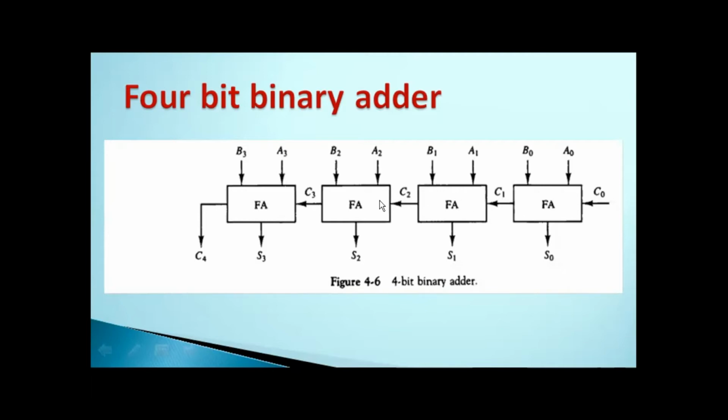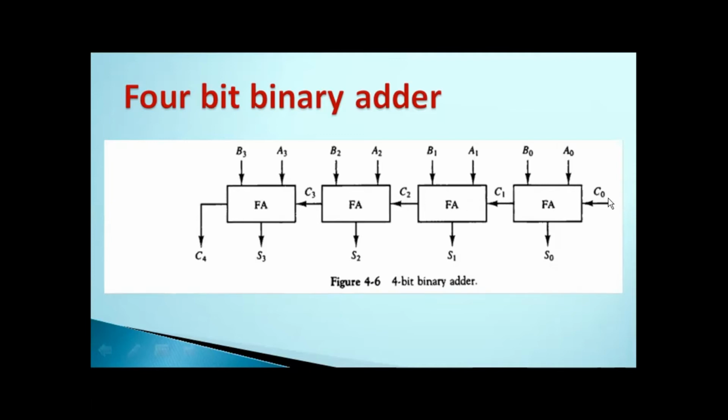All the carries are connected through full adders. In binary adder circuit, full adders are connected in cascade with the output carry from one full adder connected to the input carry of the next full adder.